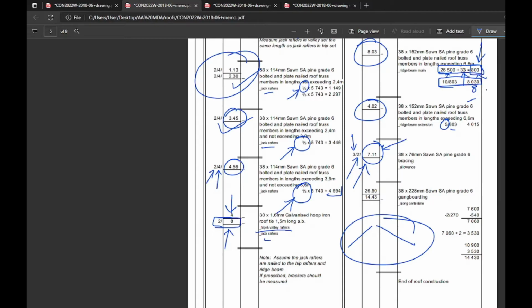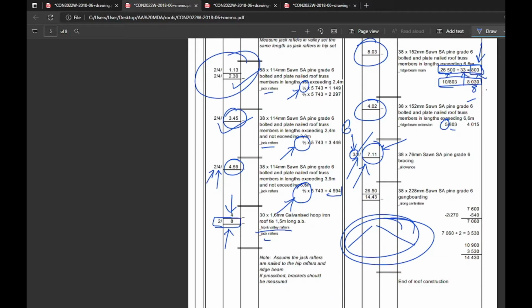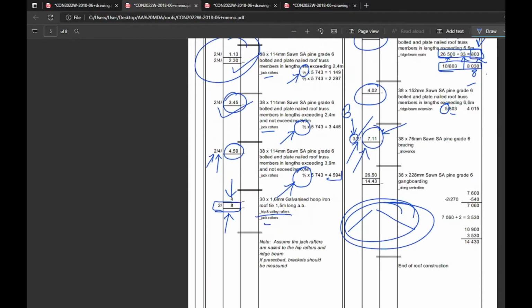Jack or valley, hip or valley rafters. Basically rafter length. Since it's parallel, you take that exact value. There are 2 per triangle shape, and the last value of 3 is up to you to decide. If you want to say they are, I don't know, 6, you can change that to 6, and no one is going to argue with you. You are just a very thorough builder, and you want to make sure your trusses do not distort.